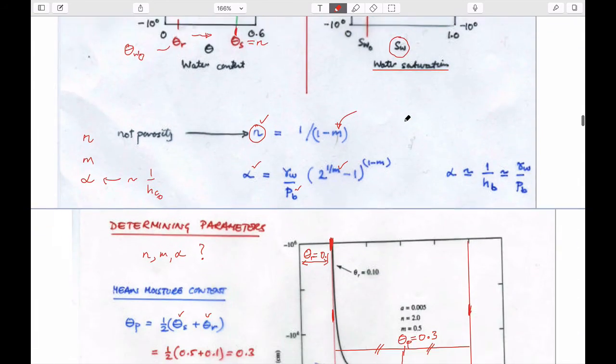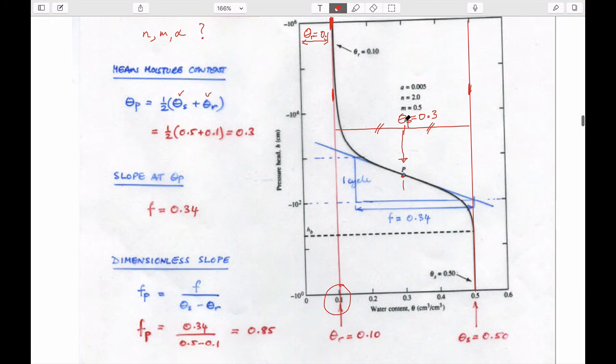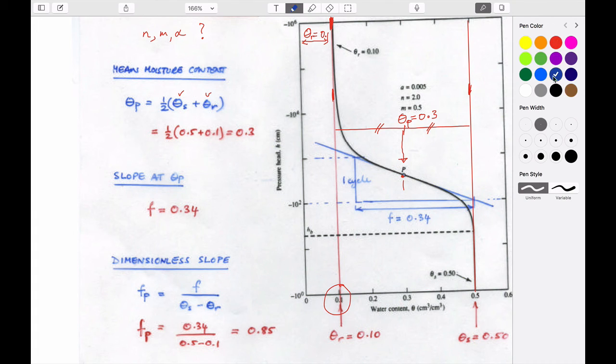You'll see that on this curve, this is a log scale on the vertical side. It looks like it's a linear scale, but it's actually a log scale. What we're going to do is draw this curve that is a tangent to this point at P. It goes through this point and is tangent to this curve.